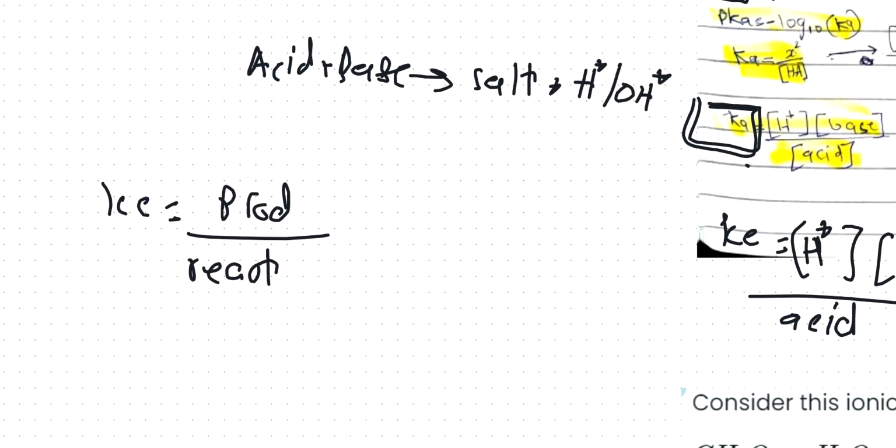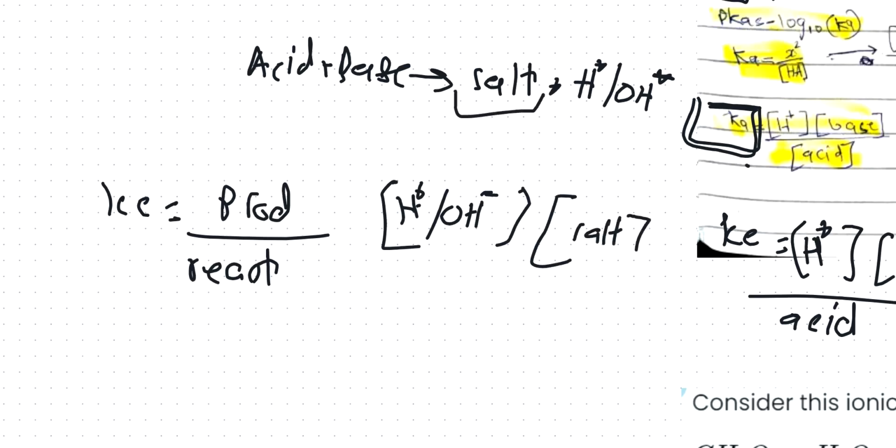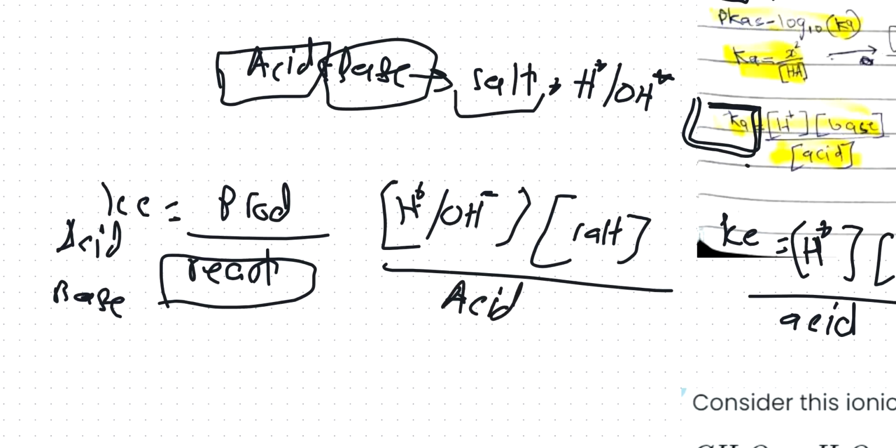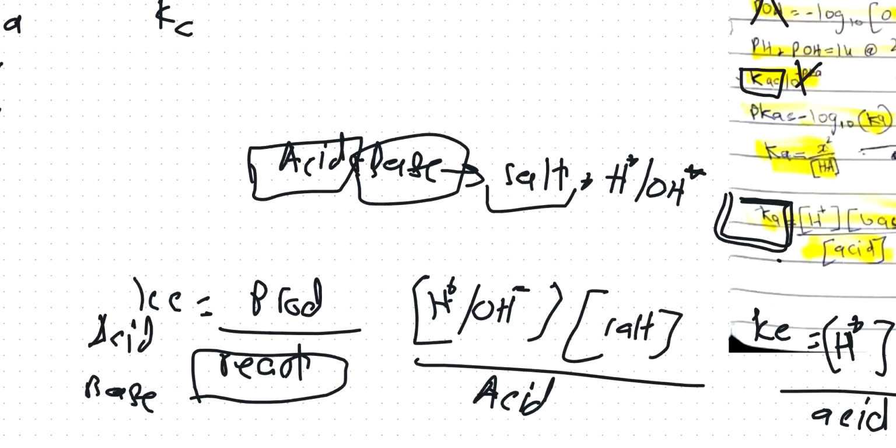So the products here are my H plus concentration or my OH minus concentration times my salt concentration over my reactant concentration. In this case, my reactant can be an acid or a base. So Kcs are for acids or bases, and the lower side would always be an acid concentration or a base concentration. And remember that in Kcs, you will consider the coefficients.